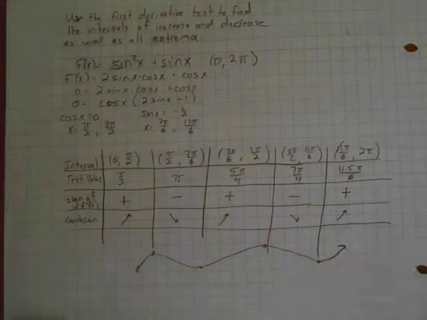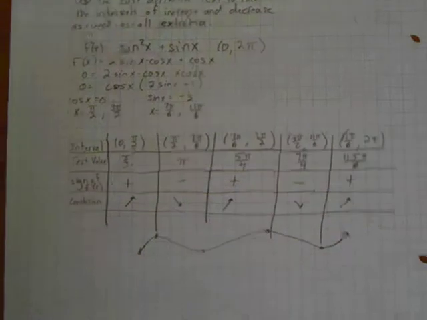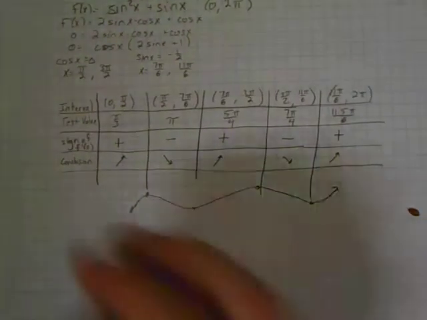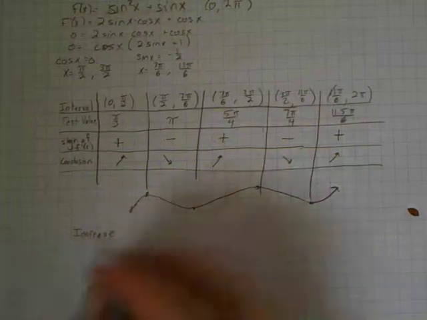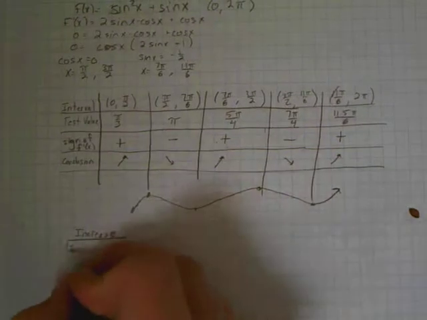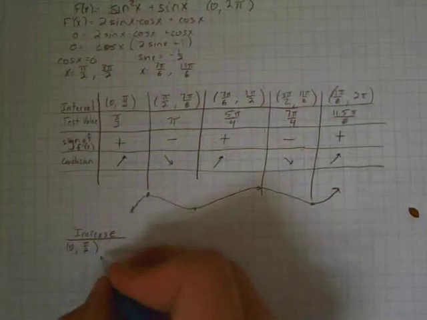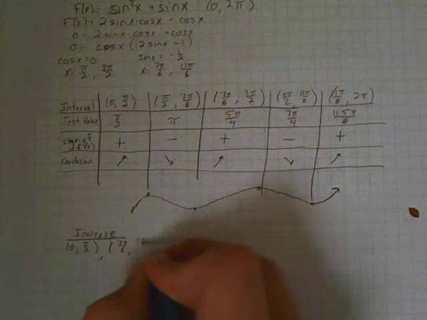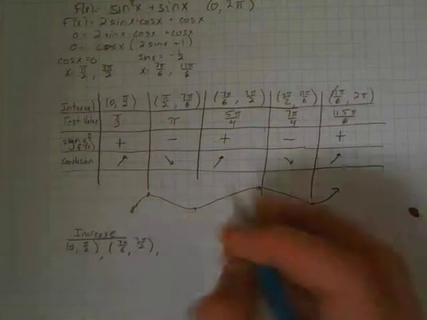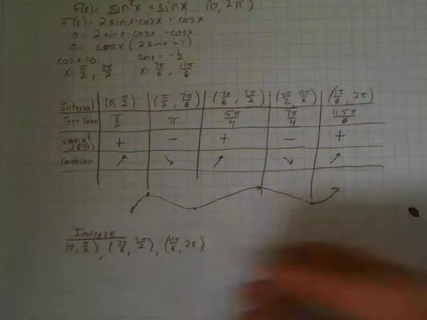Okay. So if I want to finish off my problem, I have to first list my intervals of increase. Looks like it is 0 to pi over 2, 7 pi over 6 to 3 pi over 2, and 11 pi over 6 to 2 pi.